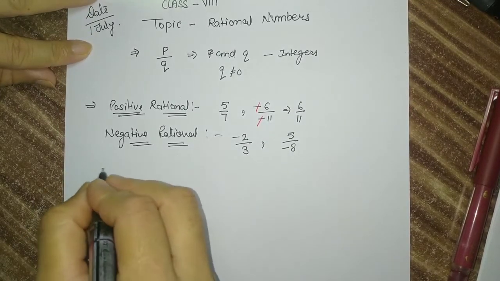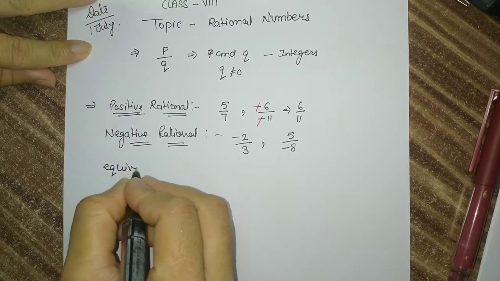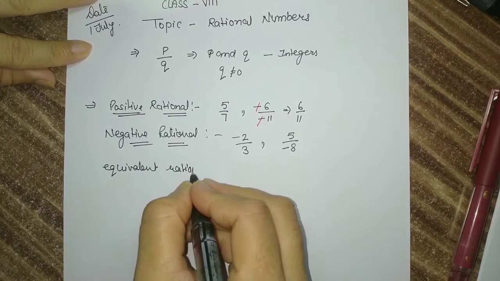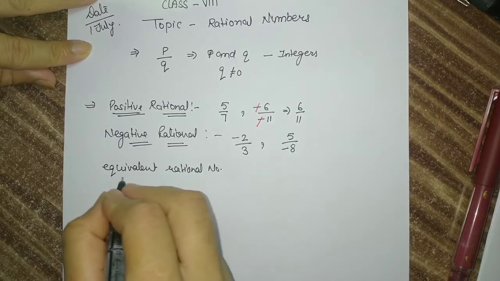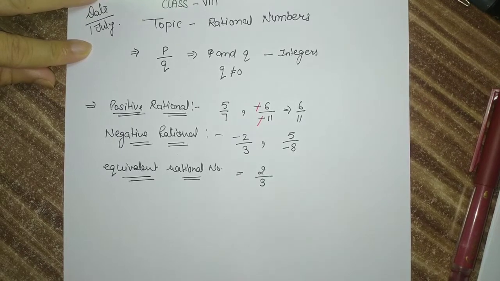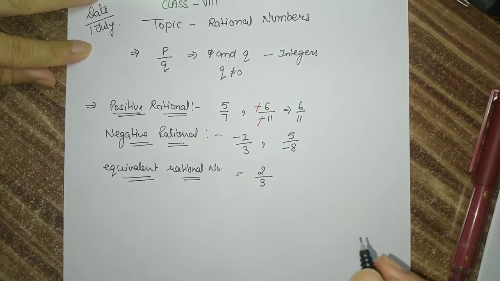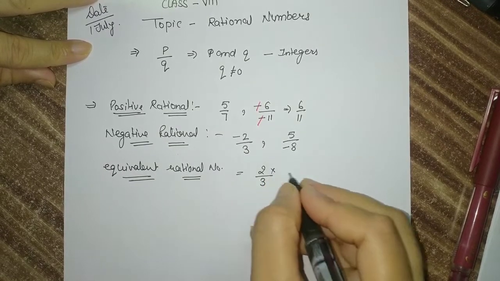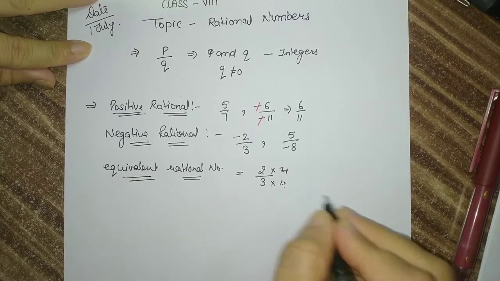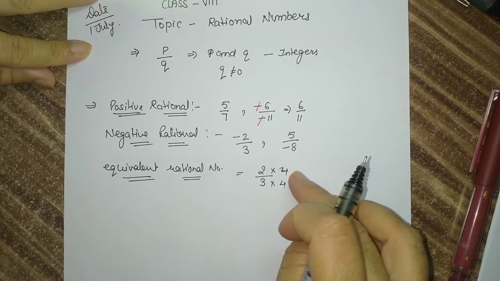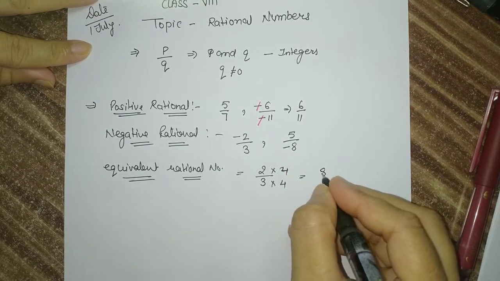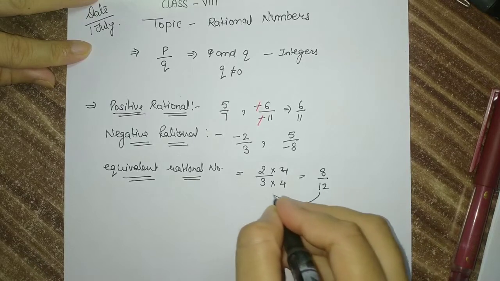Now the next term is equivalent rational number. Equivalent rational number means, for example, 2 by 3 is a rational number. If a rational number is multiplied with any non-zero number, okay, I repeat again, if a rational number is multiplied with any non-zero number, whatever result we get is equivalent to the previous one.